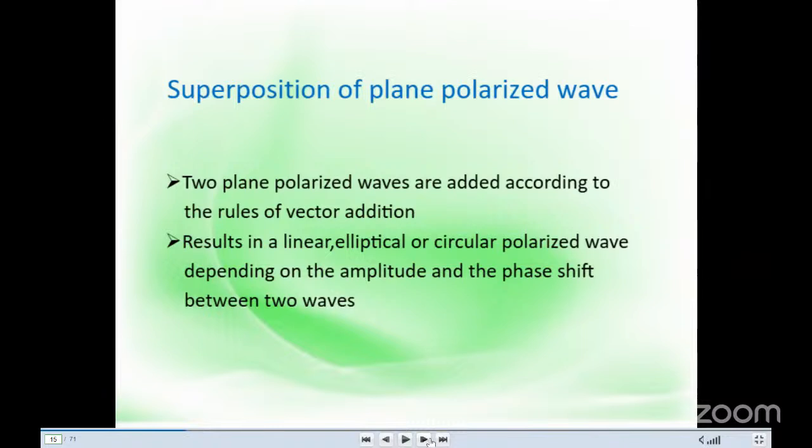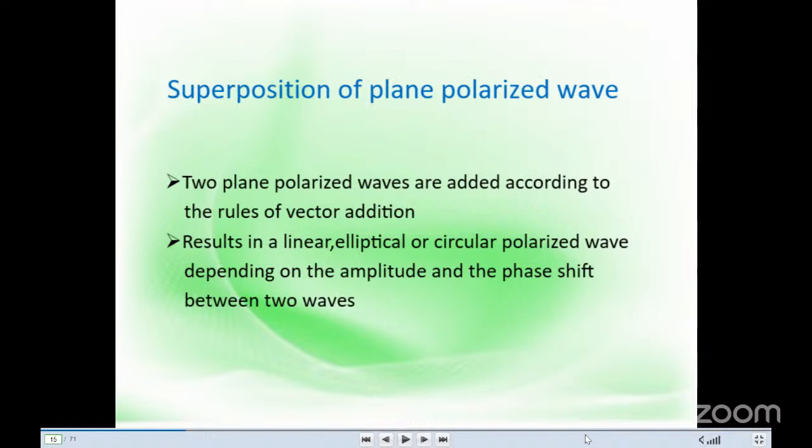Superposition of plane polarized waves: when two plane polarized waves are added according to the rule of vector addition. That is, superposition means the total displacement of two or more waves is equal to the sum of the displacements of the individual waves.